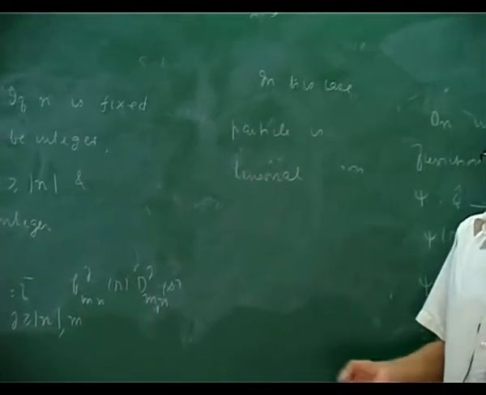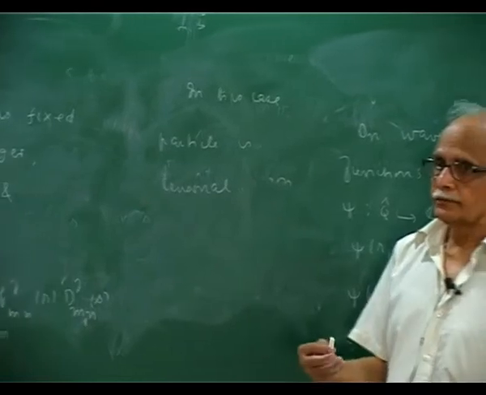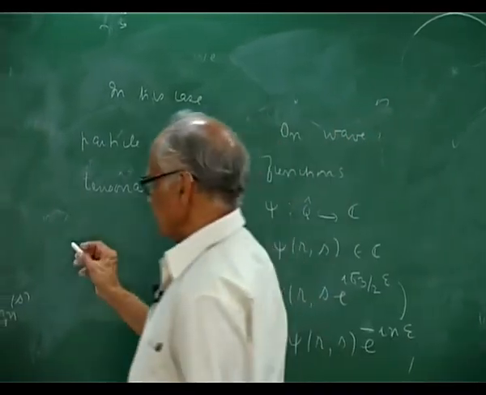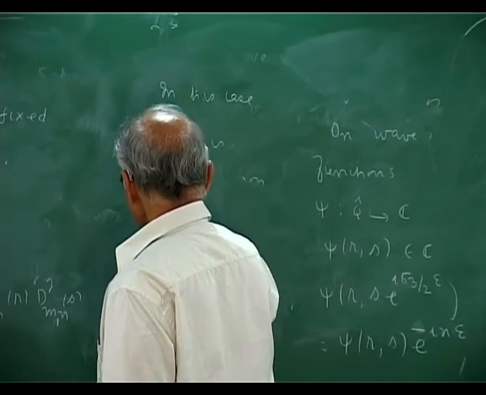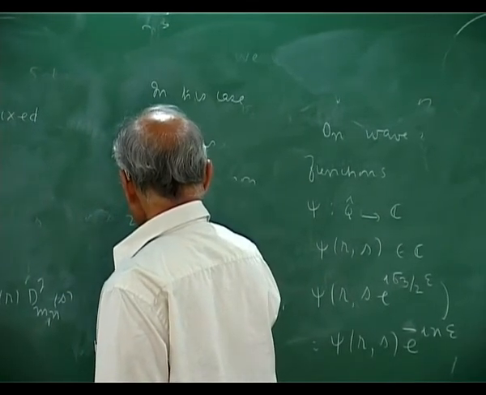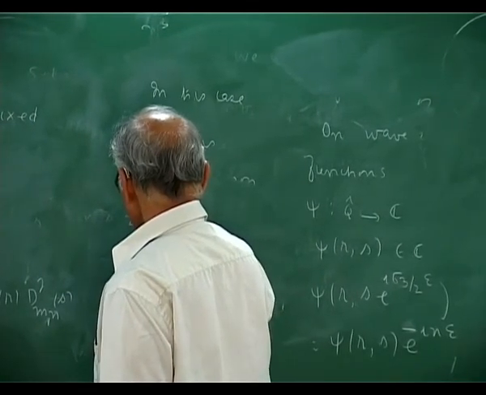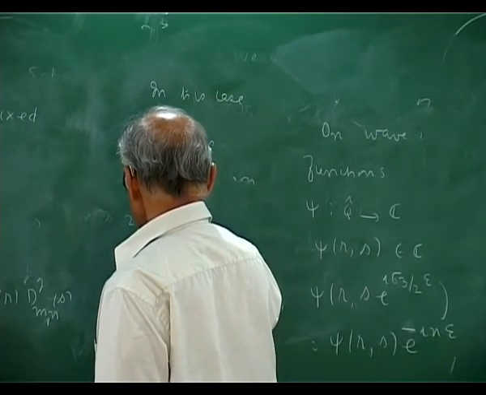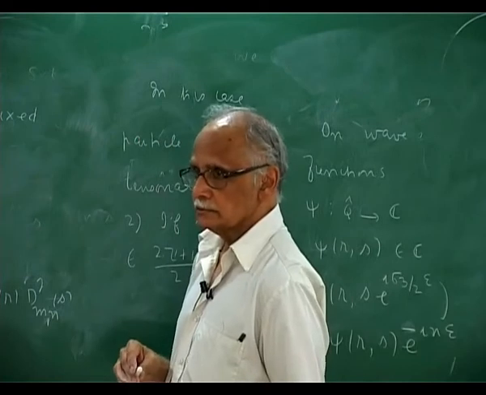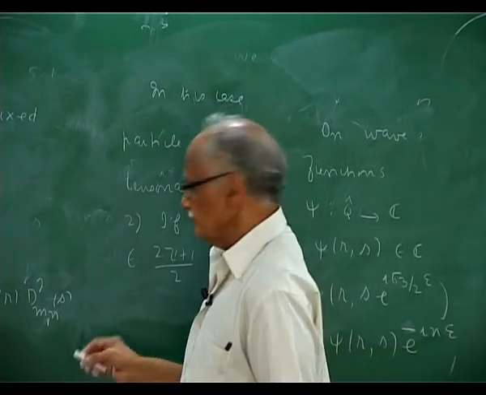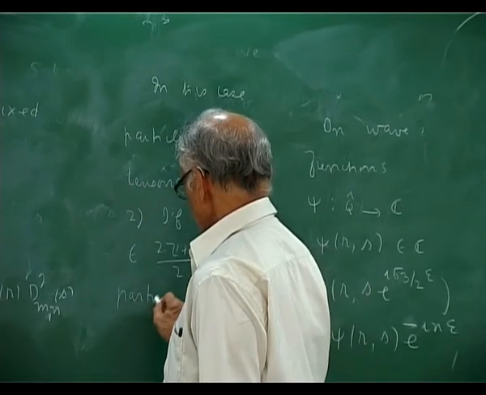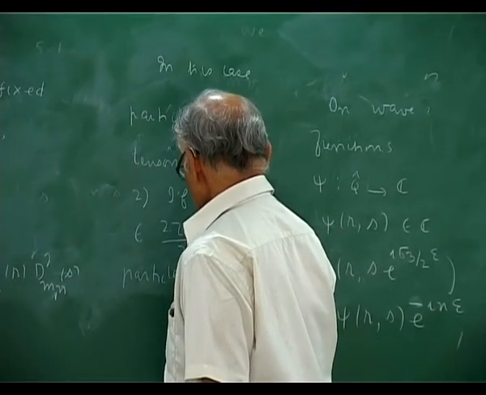I have not proved statistics, so I will call it tensorial. Secondly, you could also have n half integral, which you can also have, and we get a particle that is, by similar arguments, spinorial.